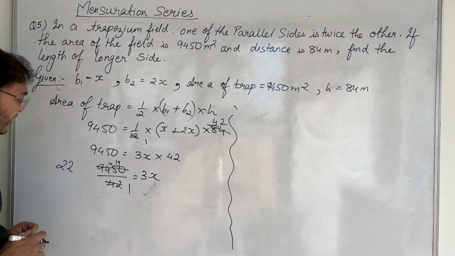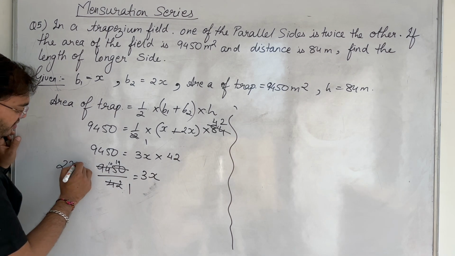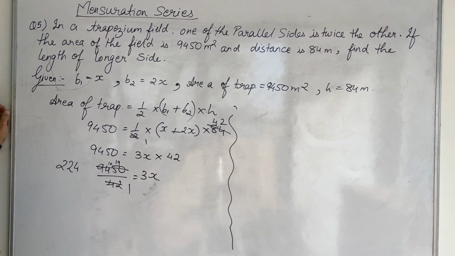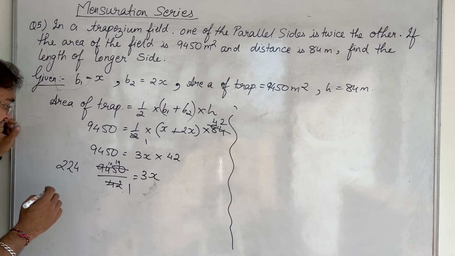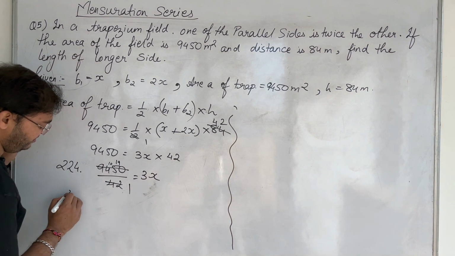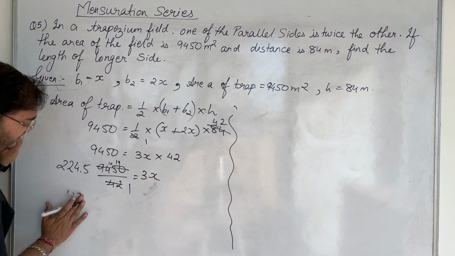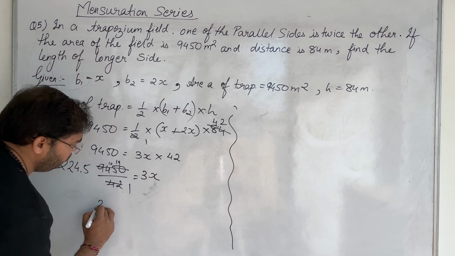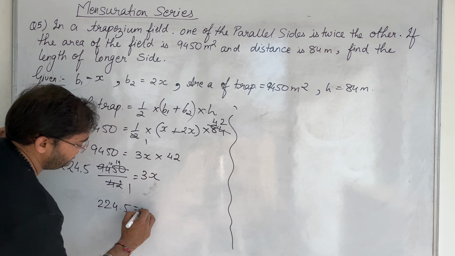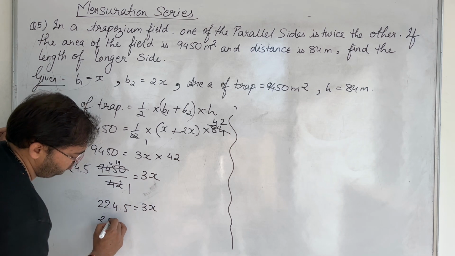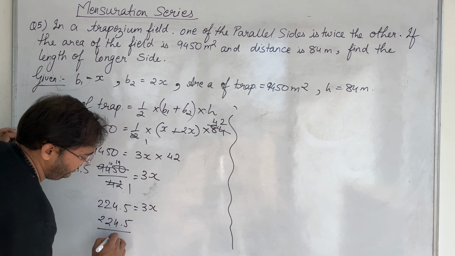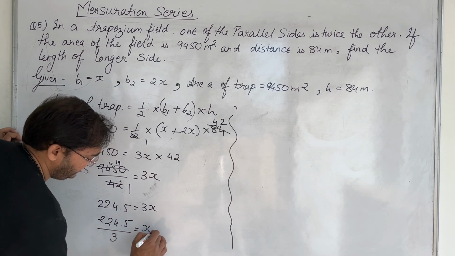So here we are going to get the answer in the decimals. So we get 225, which is equal to 3x. So 225 divided by 3 is equal to x.